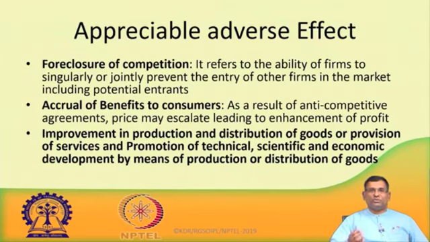Then you prevent the accrual of benefit to consumers. Because of these anti-competitive agreements and activities, the price may escalate, leading to enhancement of profit, but it will adversely affect consumers, and it will have an appreciable adverse effect on competition in the market. That also is prohibitive in nature.